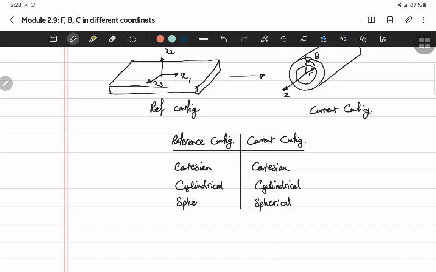Here you could have spherical, and then for your current configuration, you could have Cartesian, cylindrical, or spherical coordinate system. And basically, you have here nine choices for the combination of reference and current configuration.